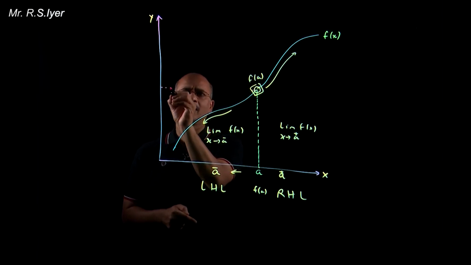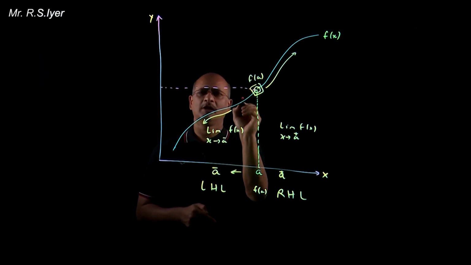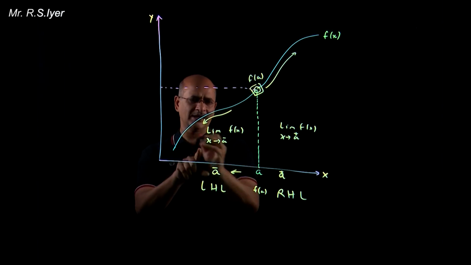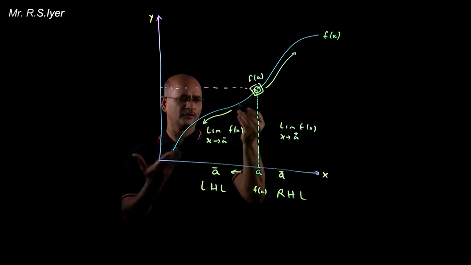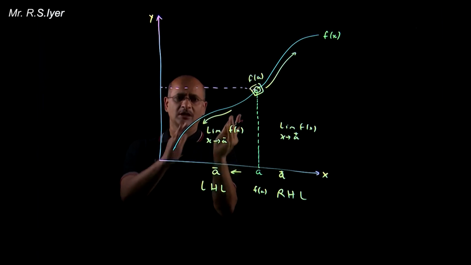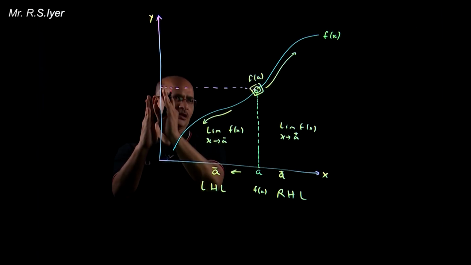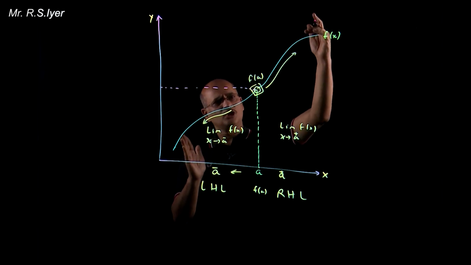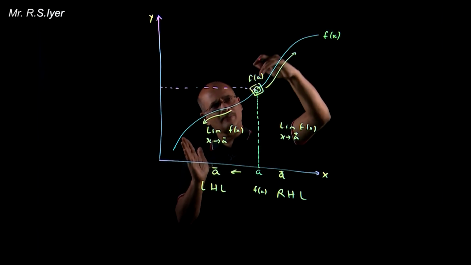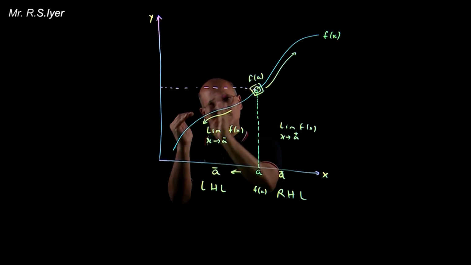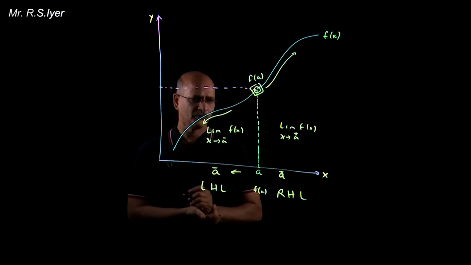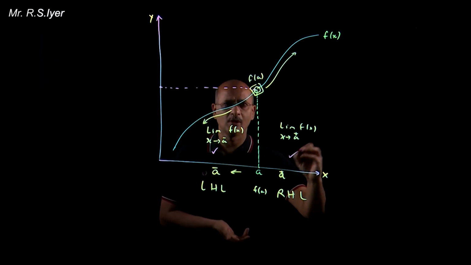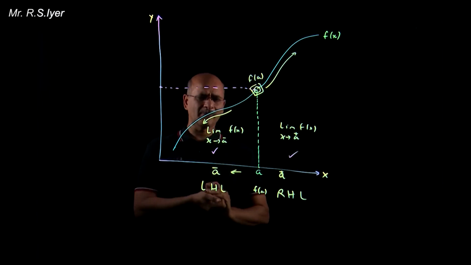Now when I say f of A, okay, this is my left hand limit, right? If suppose this is the function, the limiting value of the function which approaches this part, and when I approach towards this side, the value of this function also resembles the same thing. So this value is equal to this value. So what happens, children?